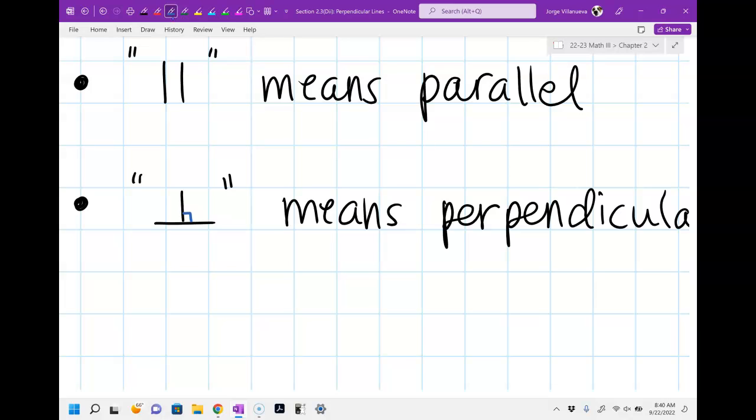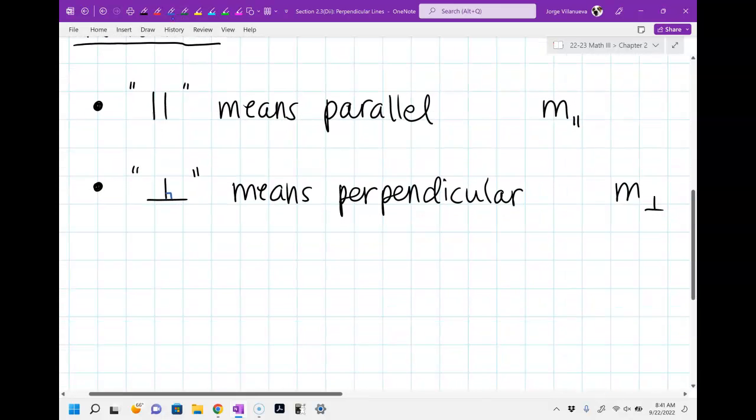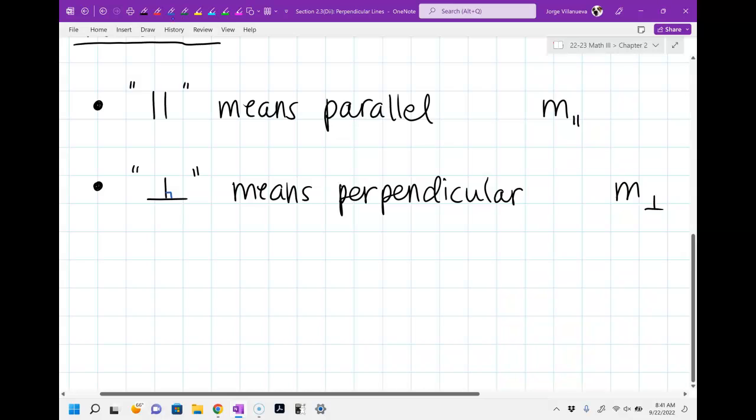We just use an upside down uppercase T, an upside down capital T. And that means perpendicular, okay? But the picture is basically signifying here's a line that crosses it at 90 degrees. And that's why we use that symbol, and we'll always use that little symbol whenever we're talking about perpendicular slope.